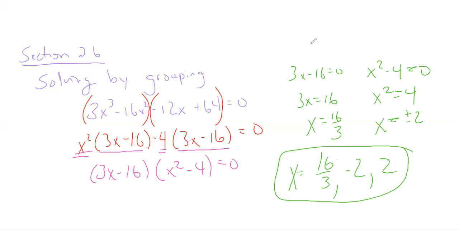The second type is we're going to solve them when they're in quadratic form. When you look at this thing, you're going to have 2x to the 4th is equal to negative 7x squared plus 15.